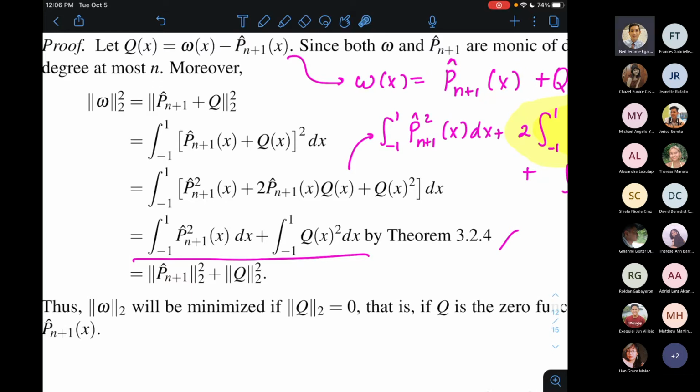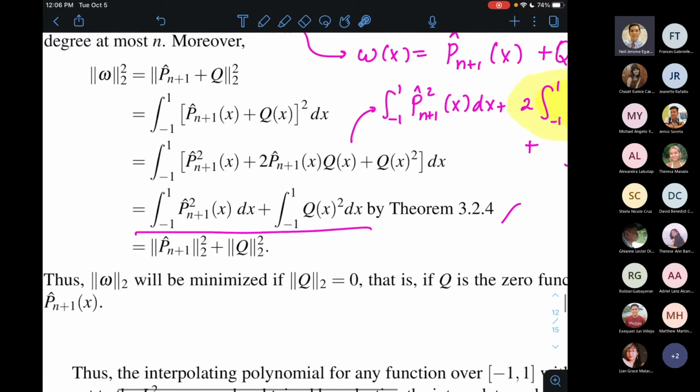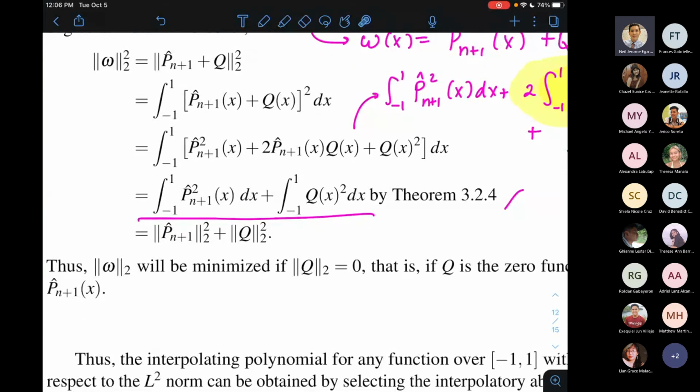So dahil alam natin na ang L2 norm ni omega squared ay equal sa L2 norm ni p hat, which is always non-negative, at saka L2 norm ni q squared, which is non-negative as well. So mami-minimize yung omega kapag yung L2 norm ni q ay naging equal kay 0. Kasi non-negative siya. So yung minimum value niya ang magpapa-minimize dito sa sum na to.